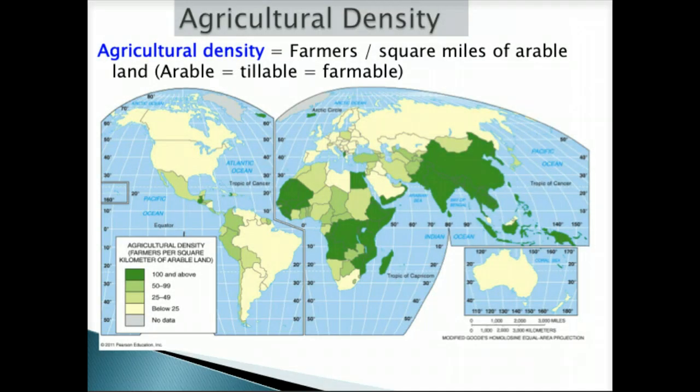Agricultural density looks at the farmers per square mile or unit of arable land. And again, you see a different pattern and distribution throughout the world based on this. Not only does it look at what people are doing, but it starts to look at economic development. You'll notice in places in Africa, as a general statement, Africa is one of the poorer regions of the world.